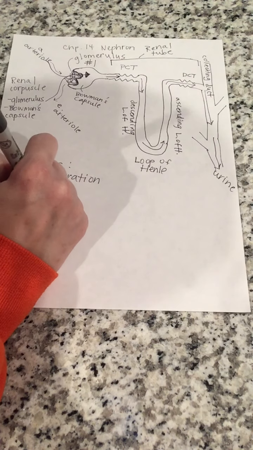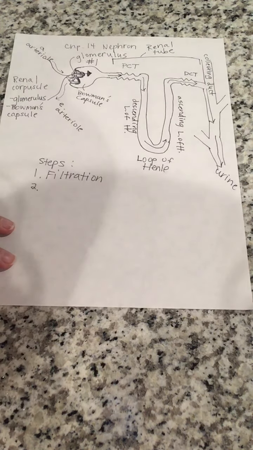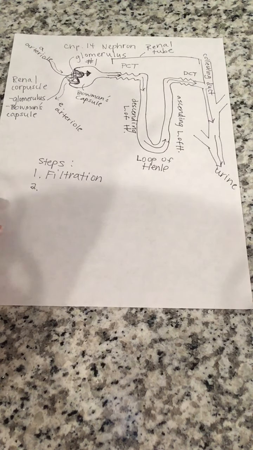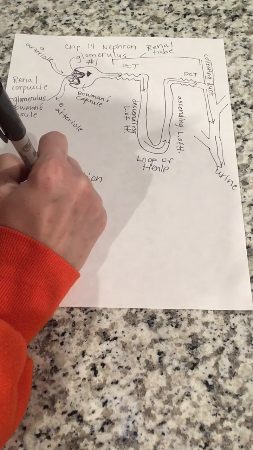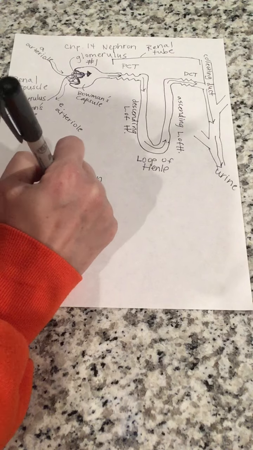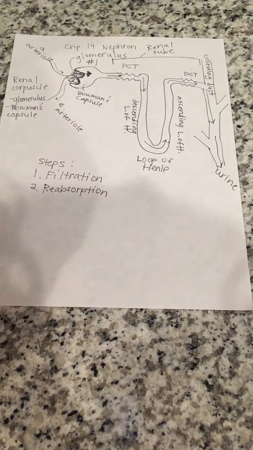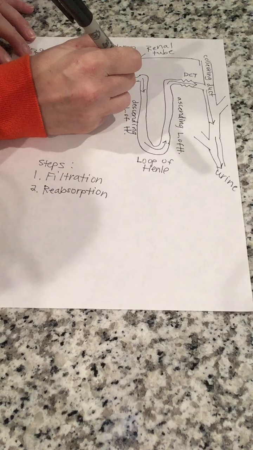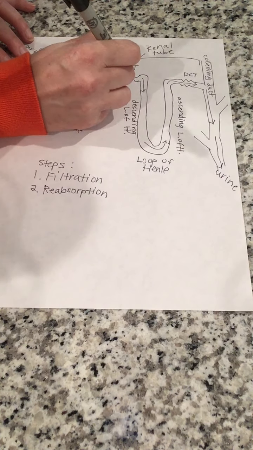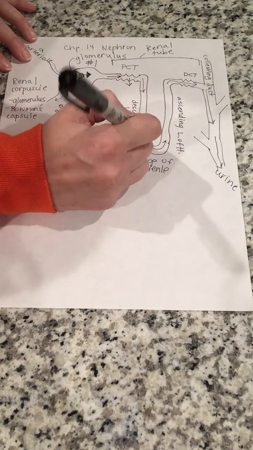So the next couple things that have to happen, and these happen throughout the renal tube. First, we have reabsorption. Okay, reabsorption is a rescue mission. So anything that is reabsorbed is going to move out of the renal tube back to the body.